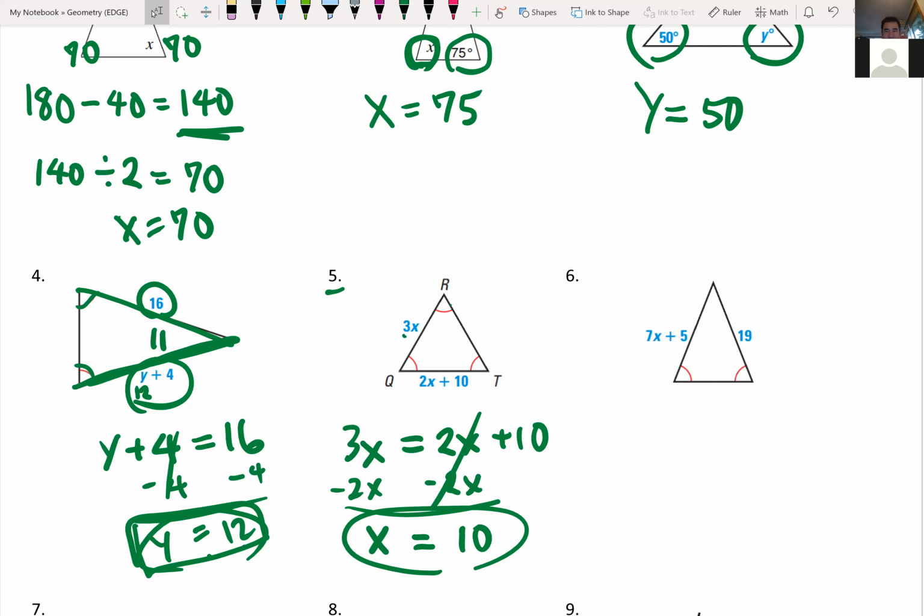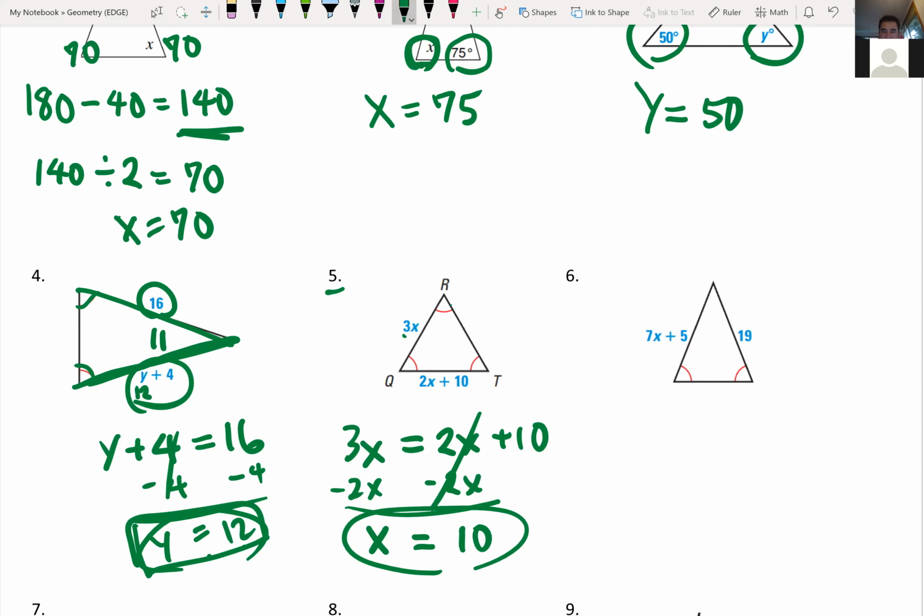Would you share the solution for number 6? Very good.